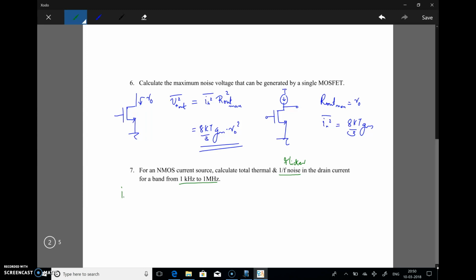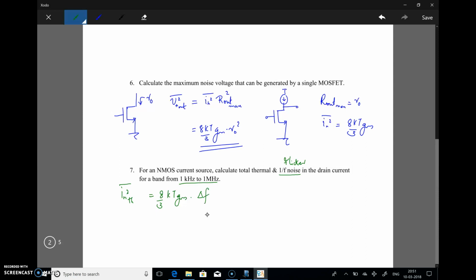First we'll write thermal noise, which is given as 8 by 3 kT Gm ampere square. To find the total thermal noise, we should integrate over the band, so this is multiplied by delta F.